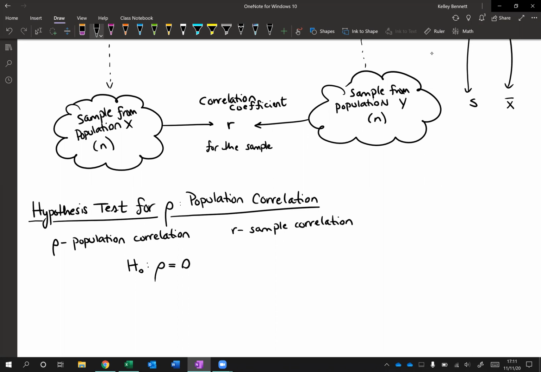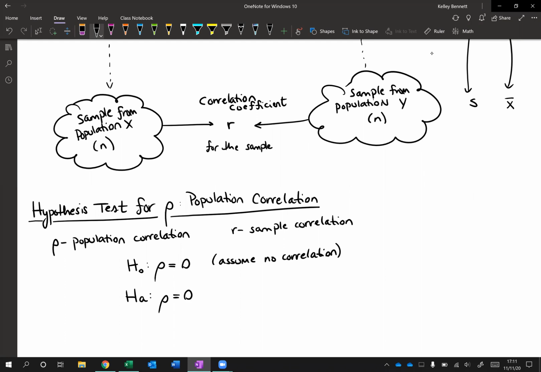Again, you're going to assume no correlation, because remember, when you are conducting a hypothesis test, we never get to affirm the null hypothesis. We only get to test the alternative hypothesis. For us, the alternative hypothesis is that rho is significantly and statistically different from 0.